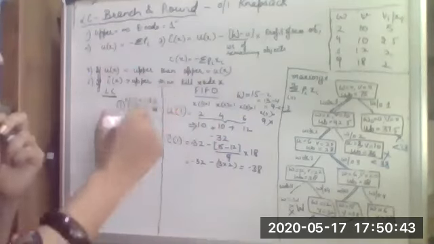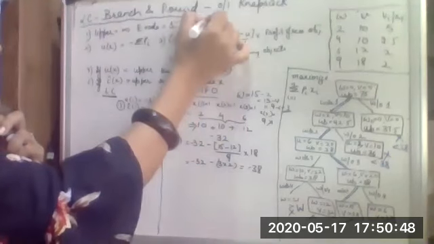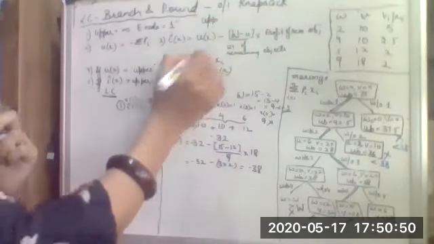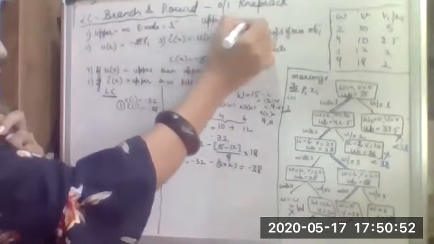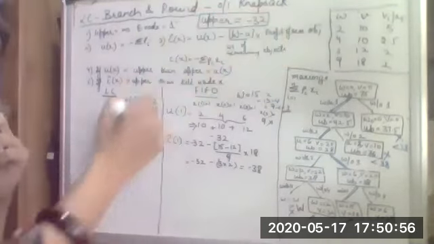So right now I will have the upper value equal to minus 32. I'll be comparing against this always.